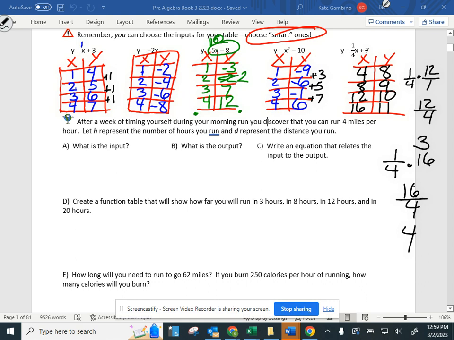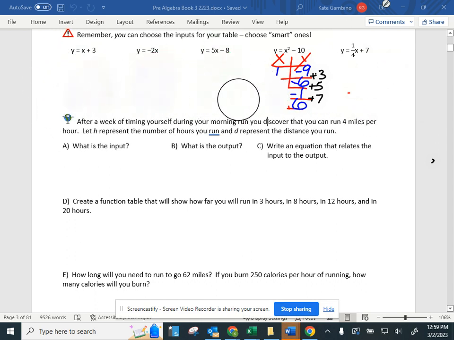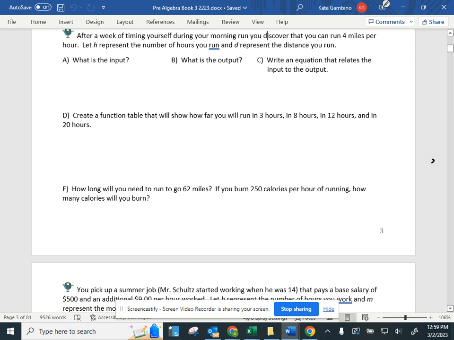Okay, let's look at some of our work for today. After a week of timing yourself during your morning run, you discover that you can run 4 miles per hour.